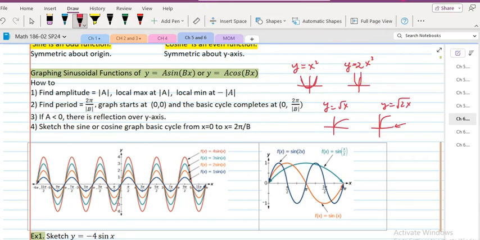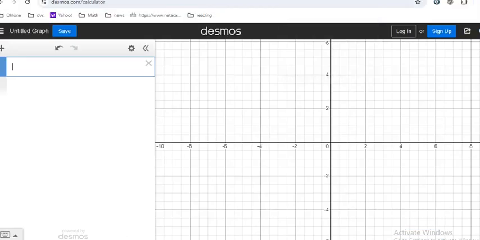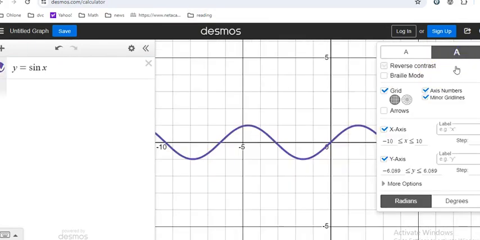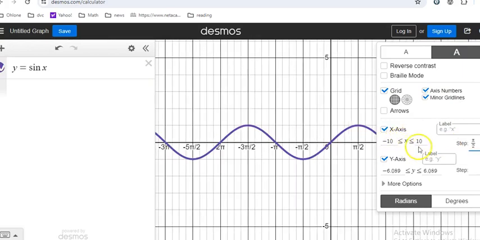So let's experience this by going into the Desmos graphing calculator. I'm going to graph y equals sine x first. Change the settings so you can see it nicer, and change the step to pi over 2 so you can see pi over 2.